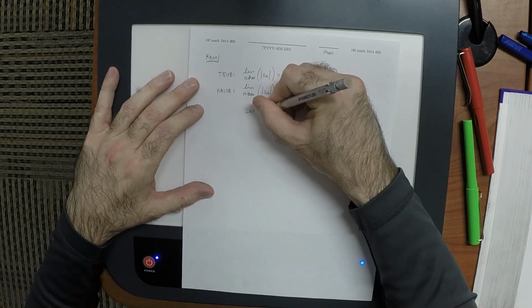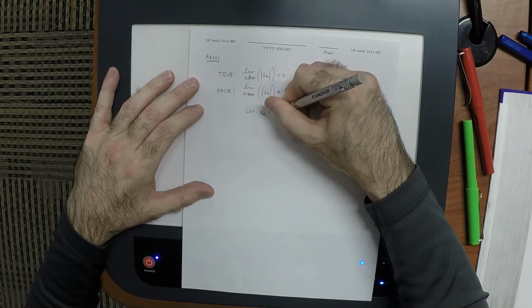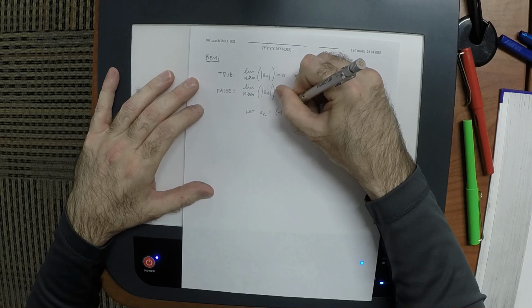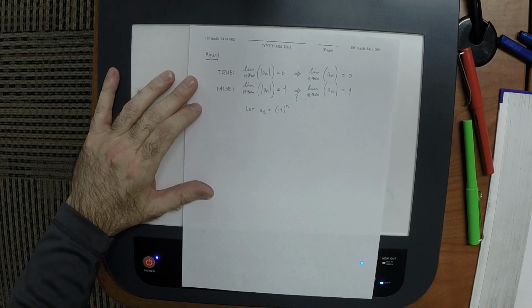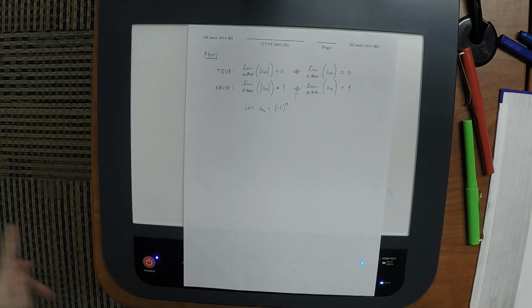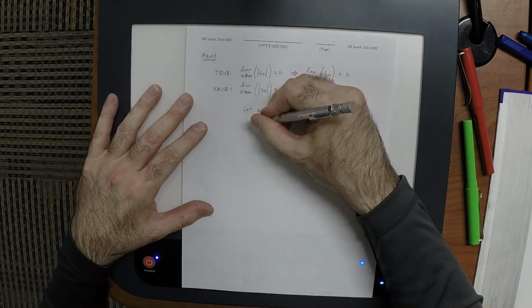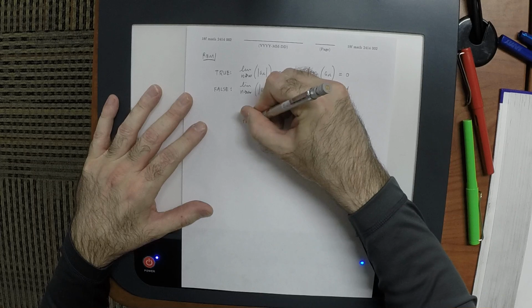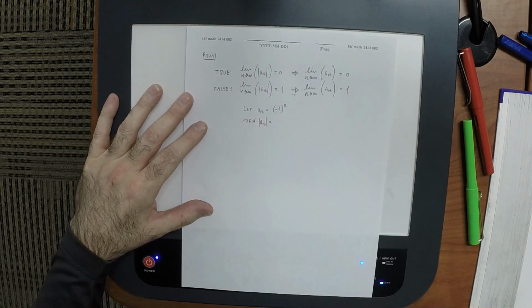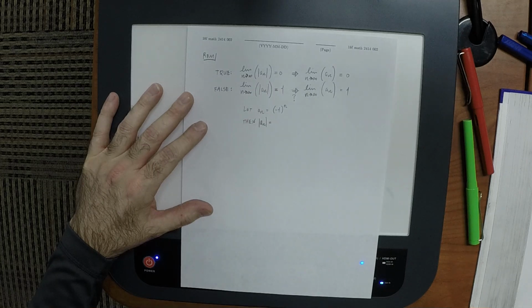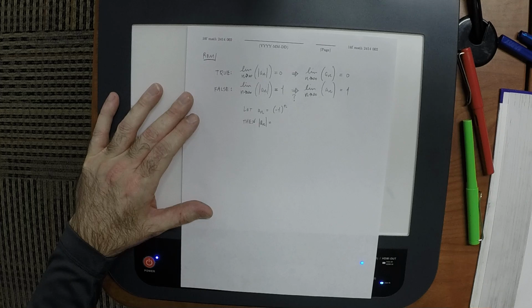let a(n) be the alternator. So a(n) is the alternator, which is to say that it alternates between positive and negative 1, and this particular one starts with 1. Then, if that's the case, what is the absolute value of the alternator? One, right?